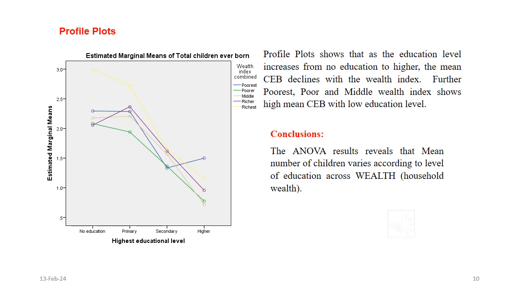Further, the poorest, poor and middle wealth index show high mean children ever born with low education level. Therefore, it can be concluded that the analysis of variance results reveal that the mean number of children ever born varies according to the level of education across the wealth of the household.